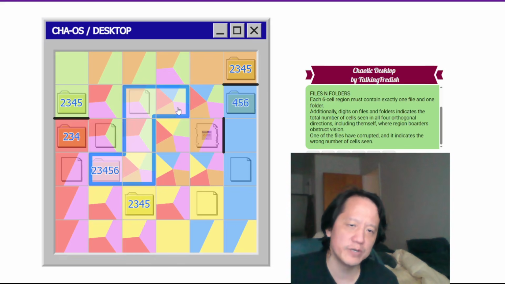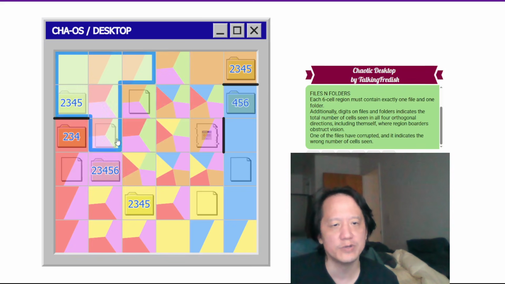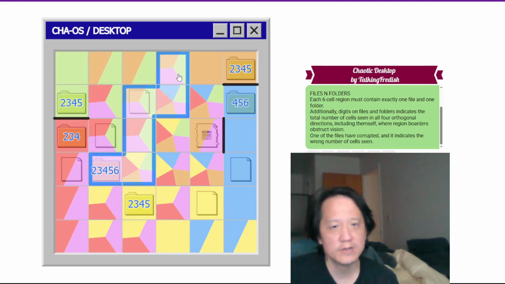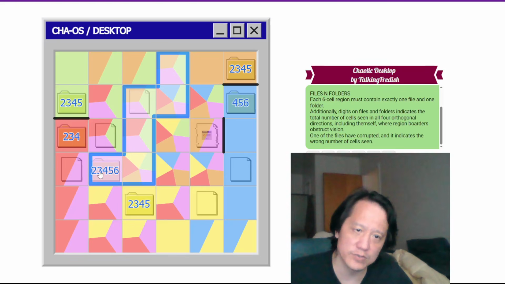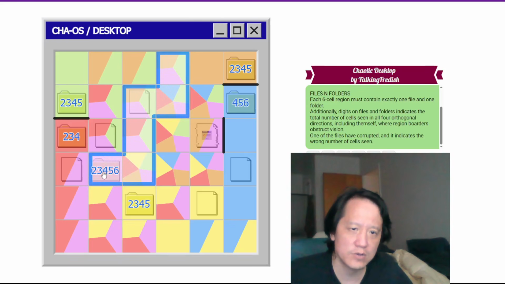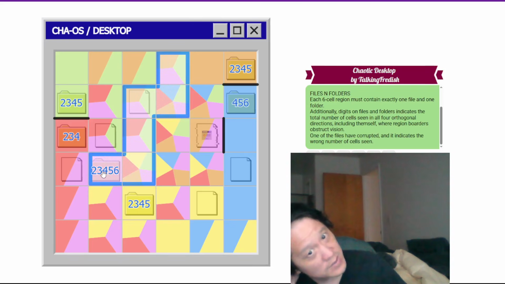And if we go pink here, these would then all be green. This would see 3 green cells. This would see 3 green cells. And that, well, technically that still could work. This would see 2. This would see 4. Yeah, maybe.